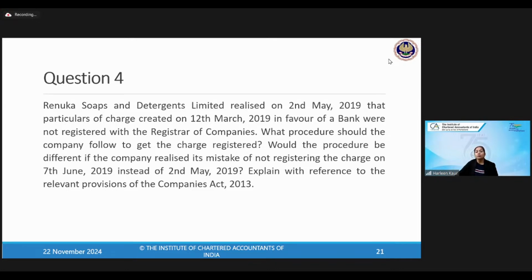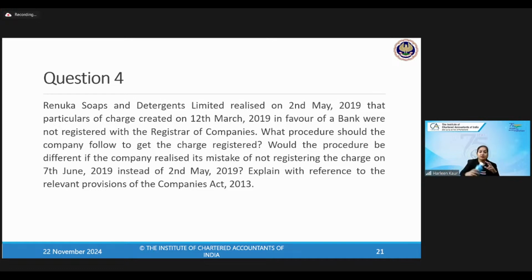What procedure should the company follow to get the charge registered? Would the procedure be different if the company realized its mistake of not registering the charge on 7th June instead of 2nd May? Please go through the question very carefully, and I want you to give me answers briefly.